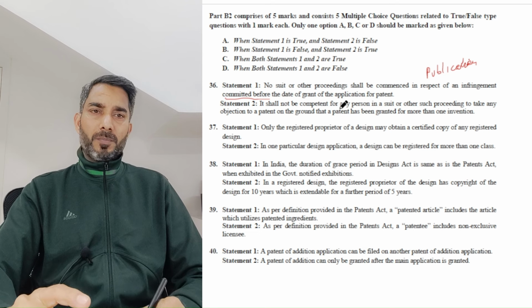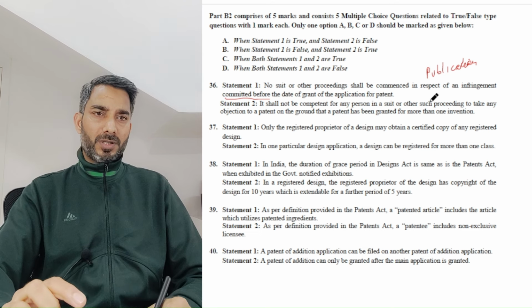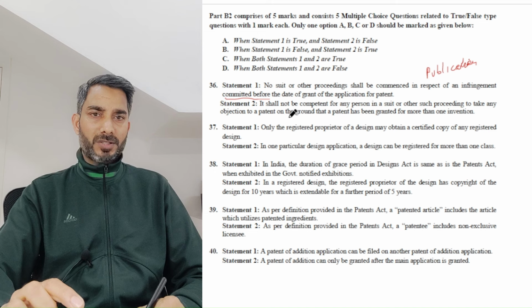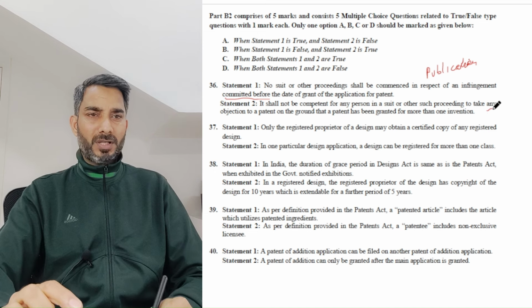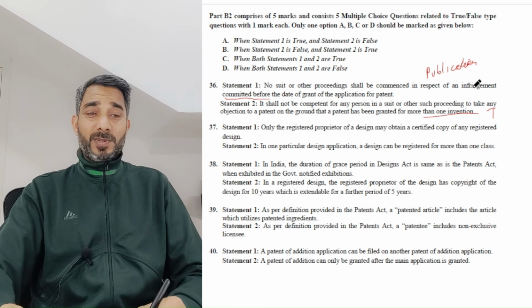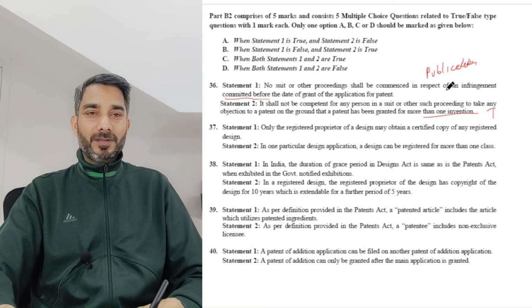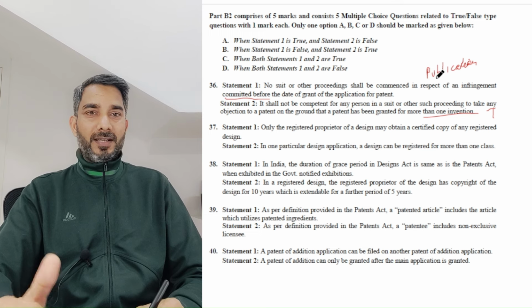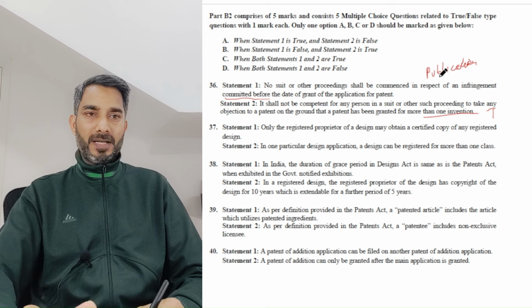Okay. It shall not be competent for any person in a suit or other such proceedings to take any objection to a patent on the ground that a patent has been granted for more than one invention. This is true. None of your business. This is the controller's job. Controller has to identify this. This one is a little tricky. Can I institute a suit before my patent is granted?